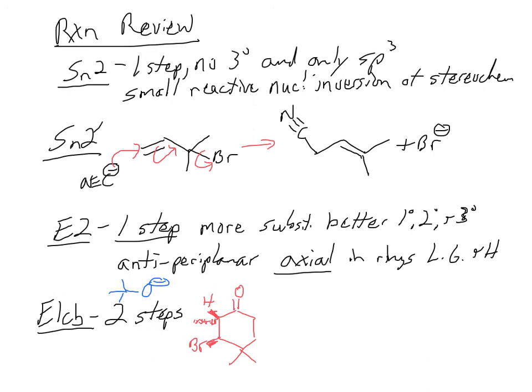But let's say I do get the elimination to happen. How is that possible? So this is how it's possible. Basically, the bulky base deprotonates, and instead of doing an elimination right away, that negative charge just goes to that carbon in the alpha position.